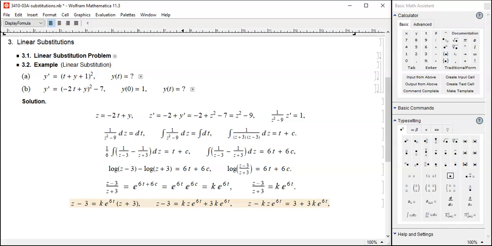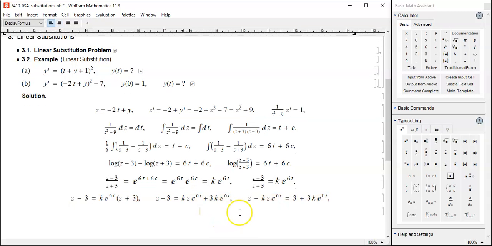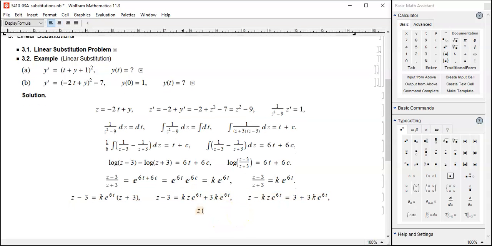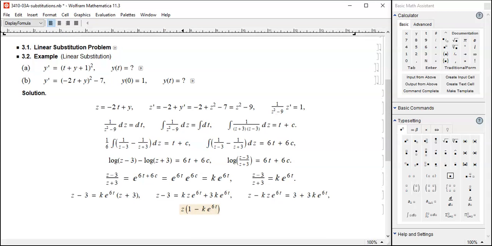Is that an improvement? It may not be completely apparent yet, but yes it is, because I can factor z out. z times 1 minus k e to the 6t is equal to 3 plus 3k exponential of 6t.